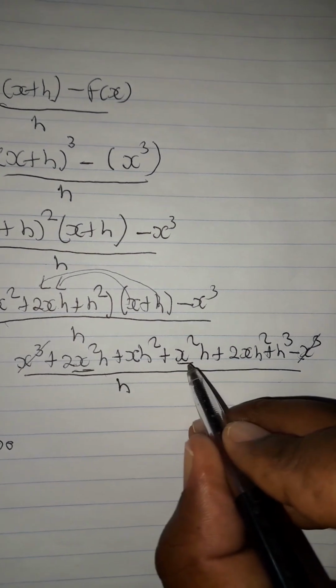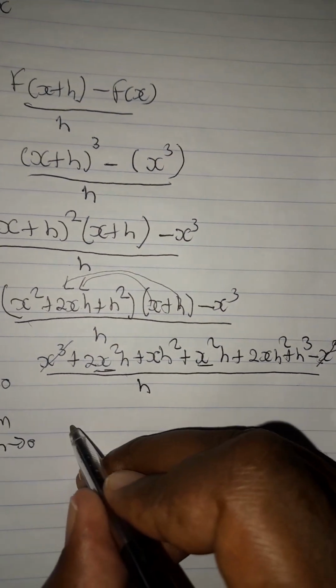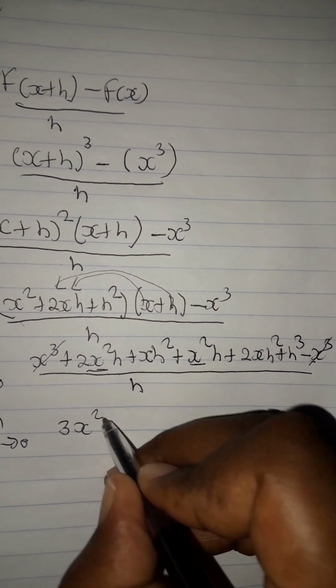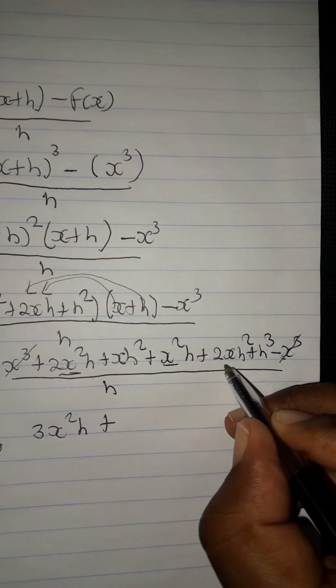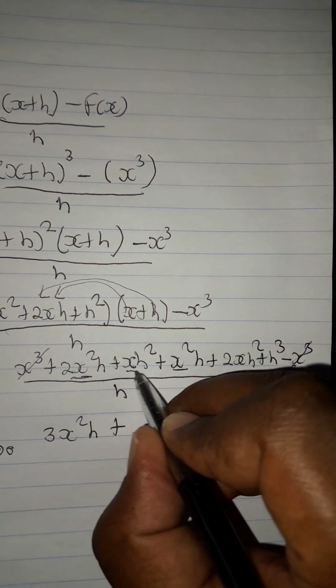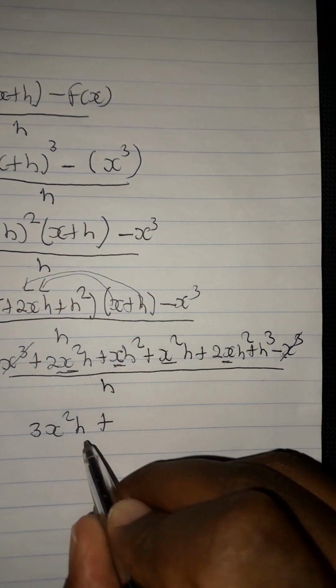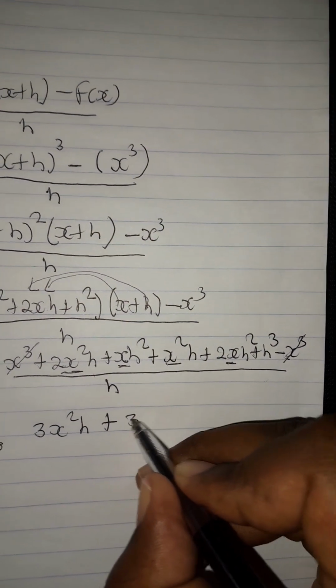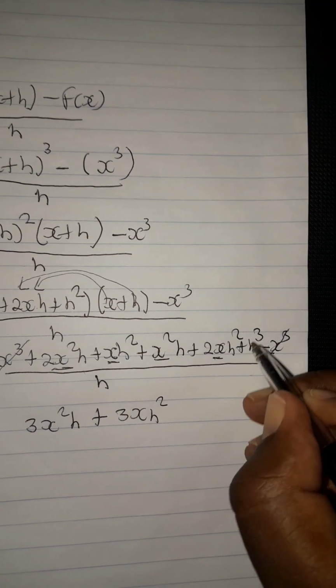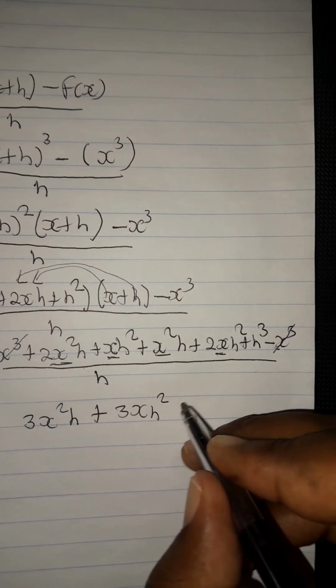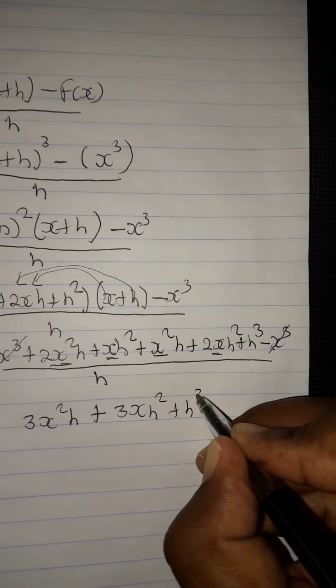Then it's 2x squared h plus x squared h. That would be 3x squared h. Plus, do we have xh squared? I think we do. We have xh squared as well as 2xh squared. Then that will be 3xh squared. Then do we have something that is associated with h cubed? No. So that will be plus h cubed.